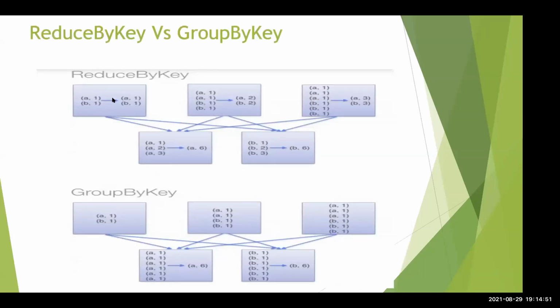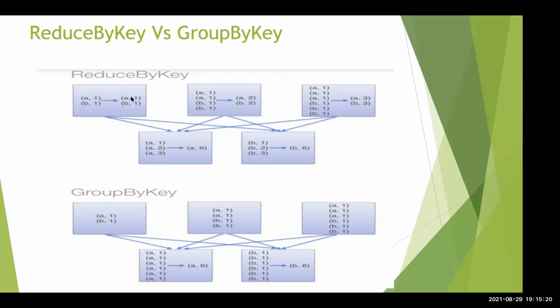This is a pictorial view of why group by key is not preferred and why reduce by key is preferred. Let's say these are 3 partitions, and you have a comma 1, b comma 1. Here a comma 1 is repeated and b comma 1 is also repeated. If you use group by key, then 2 elements from this, 4 elements from this, and 6 elements from this will be shuffled.